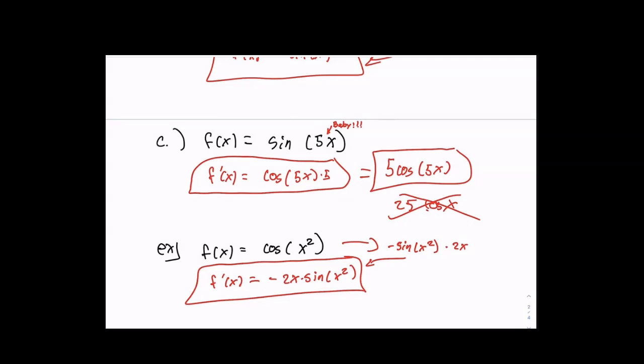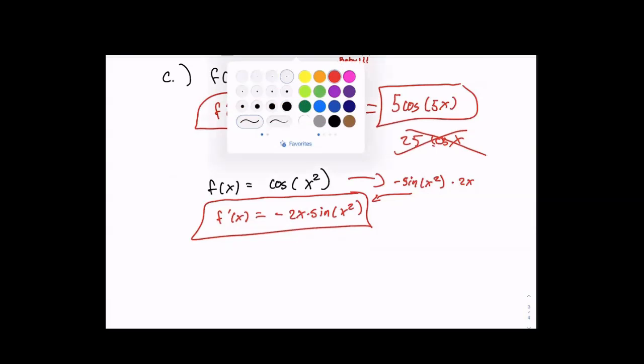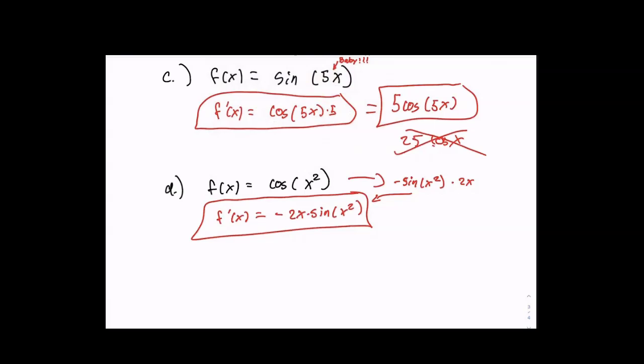And that's how you would see it on your paper. Negative 2x sine of x squared. F of x equals negative 2x sine of x squared.